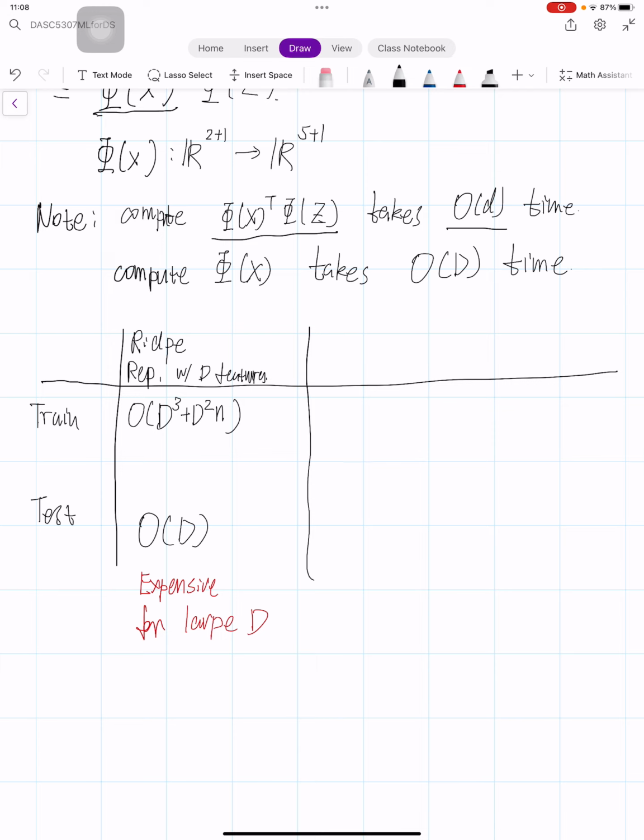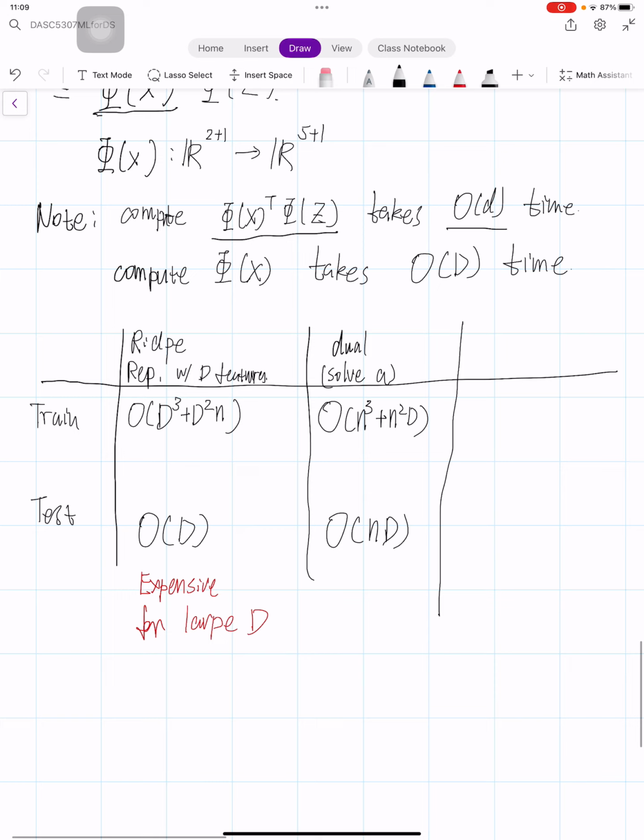Now for the dual trick, to solve the dual problem for A, it reduces the time from D to N cubed plus N squared times D, and the training takes about N times D time.